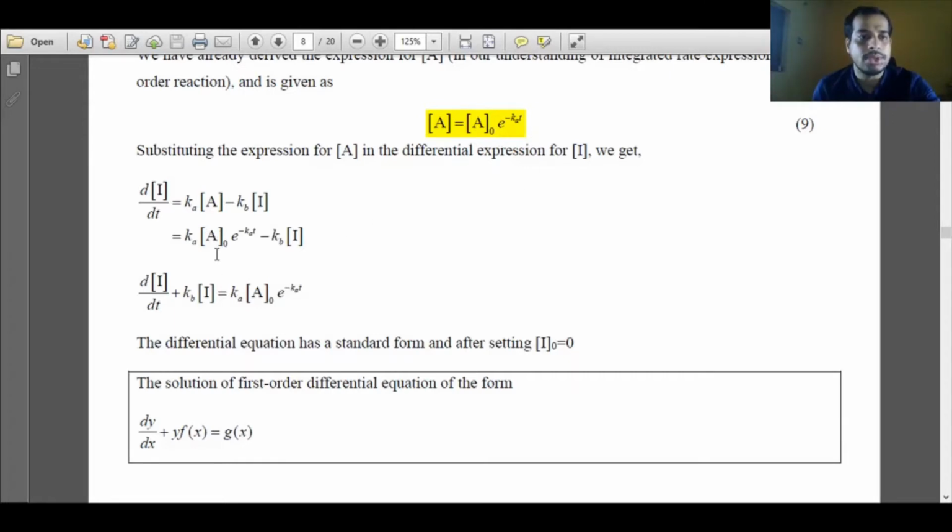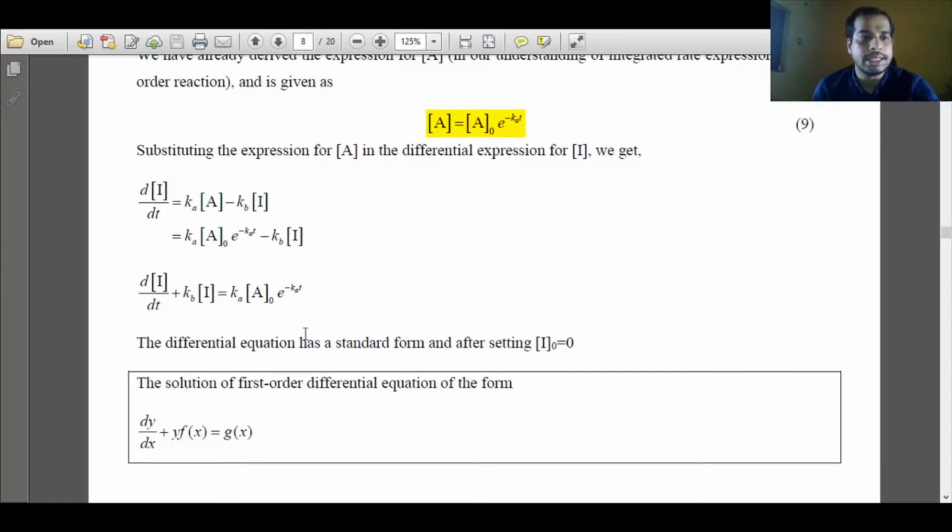By doing this substitution, I am getting rid of the variable A and substituting it with A0 e to the power minus Ka t. A0 is a constant quantity. If I rearrange, I will get dI over dt plus Kb I is equal to Ka A0 e to the power minus Ka t. So this is a differential equation.